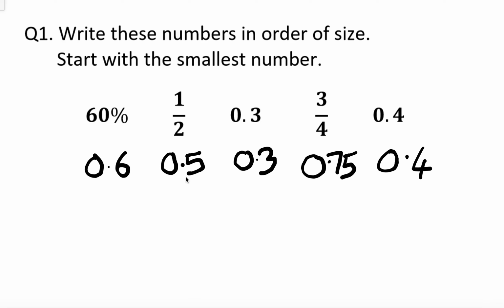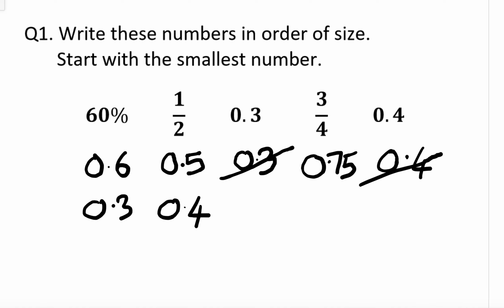So, which is the smallest number there? I think it's 0.3. So if I put 0.3 down here, smallest, best thing to do is cross that out once you've looked at it. The next one is 0.4. And we'll cross that out because we've done that one as well.